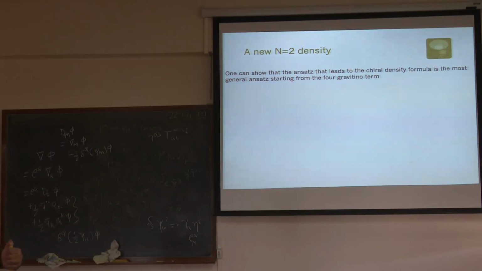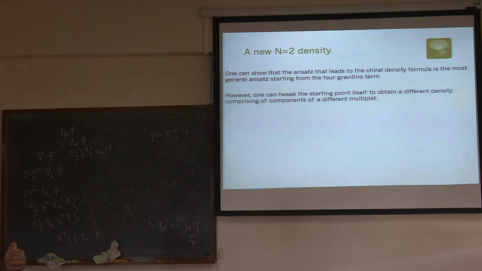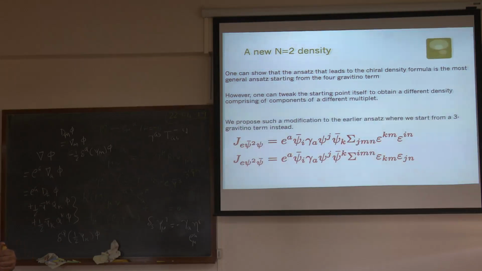Okay, but one can pick the starting point itself to obtain a different density comprising of components of a different multiplet, which is not a chiral multiplet, and that's what we do here. Okay, we modify the ansatz. We say that our starting point is not a 4 form whose maximum number of gravitino is 4, but we start with the starting point where the maximum number of gravitino is 3.